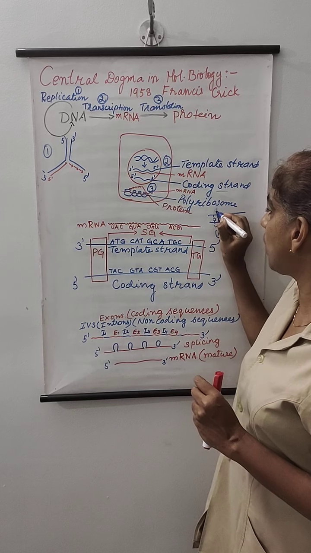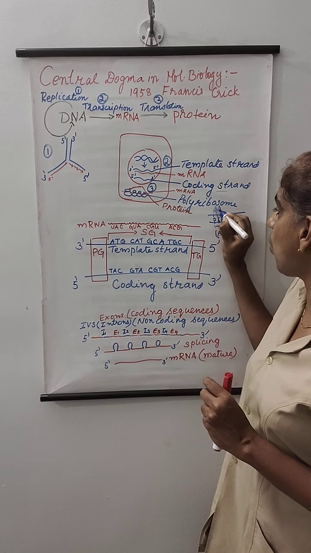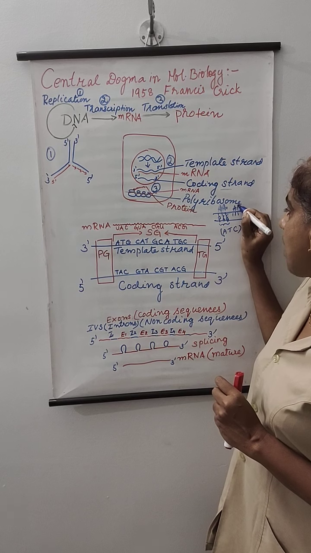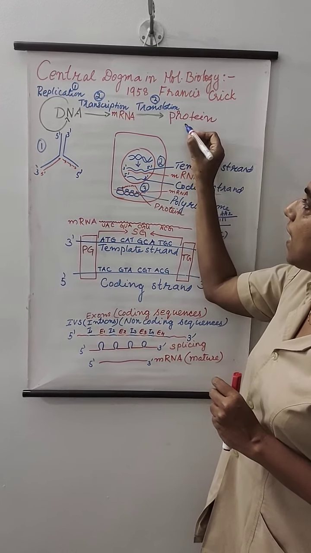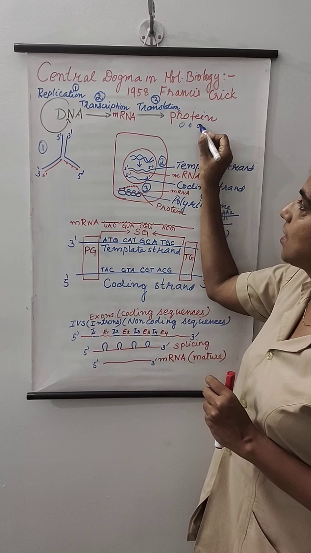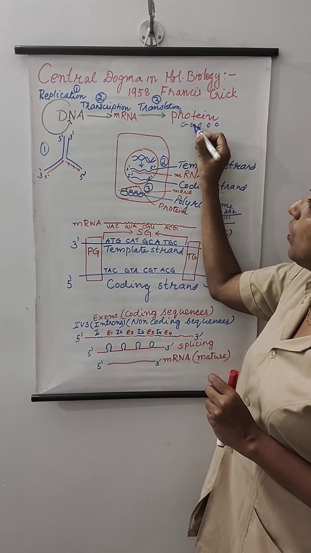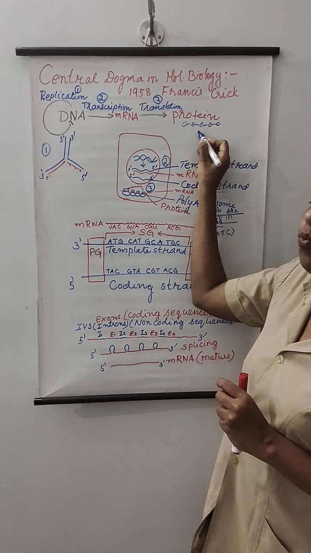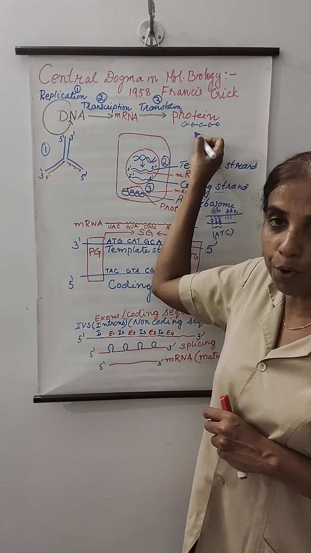For example, this will represent amino acid 1. This will represent amino acid 2. Like that, when many amino acids come together in the polypeptide chain, we are making the functional protein.